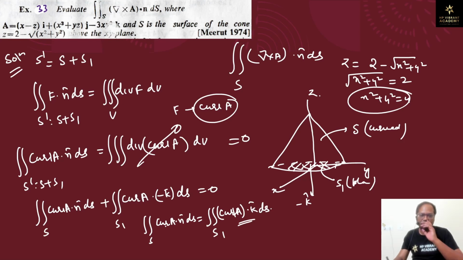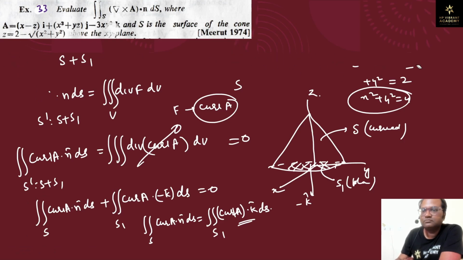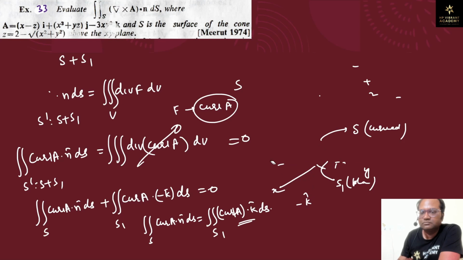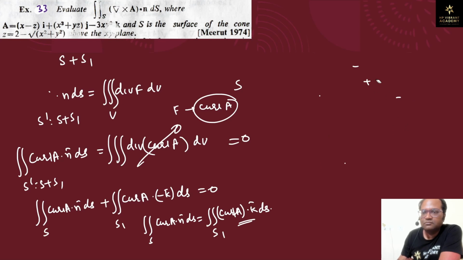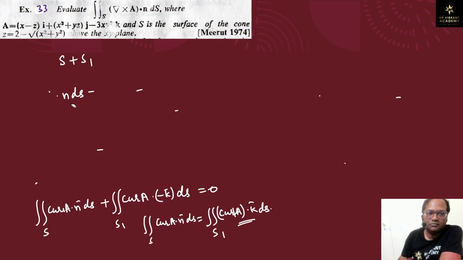Okay, so let us find curl of A, and we take the dot product with k cap. So curl of A will be, this is i, this is j, and this is k.